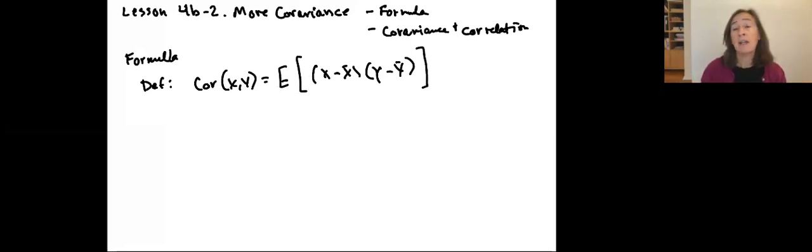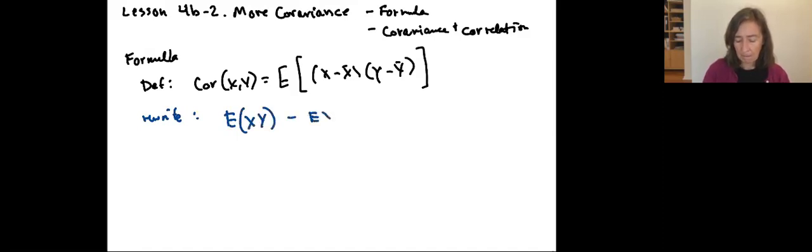for seeing the logic, but for actually doing derivations and calculations, we almost always rewrite this as expected value of the product of x and y minus expected value of x times expected value of y.